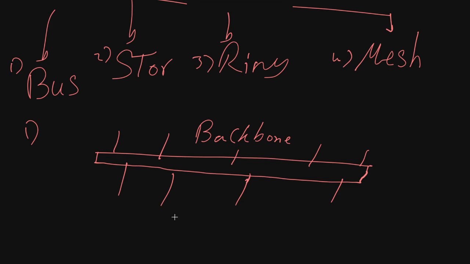But the disadvantage is that all of these devices connect to this backbone. So let's say this device wants to send, and this other device also wants to send. A collision happens.